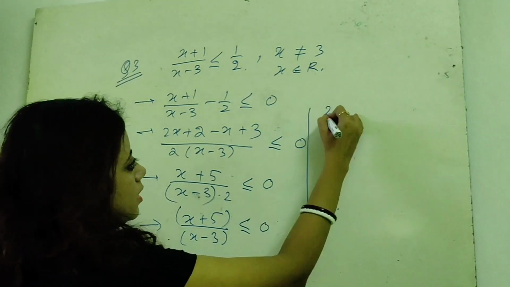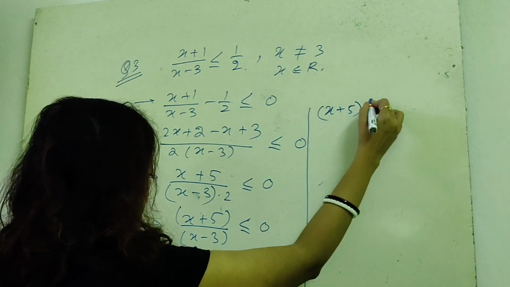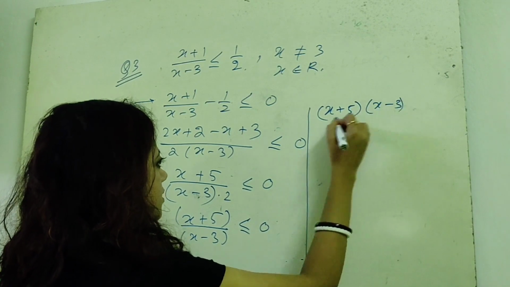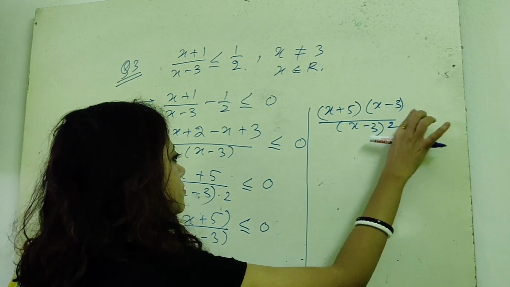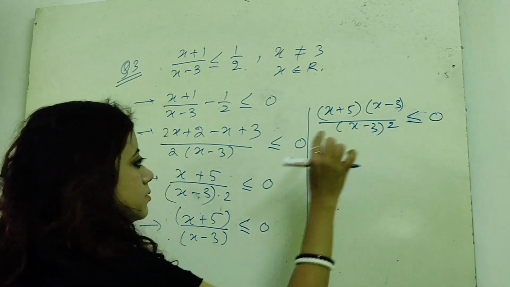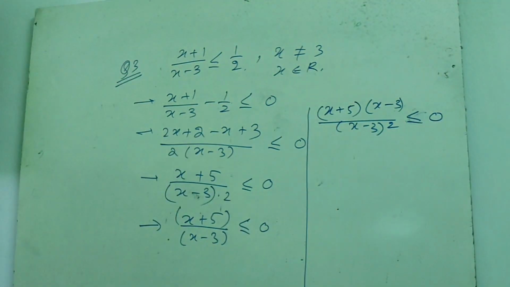First, I have to multiply both numerator and denominator by the denominator to make the denominator a square.